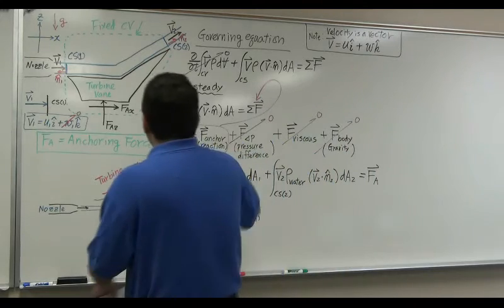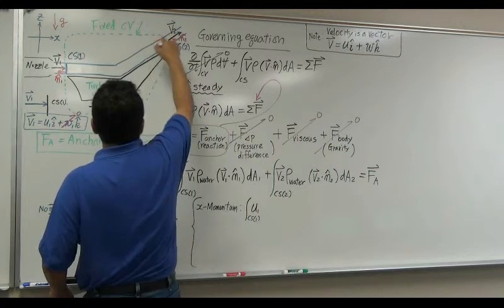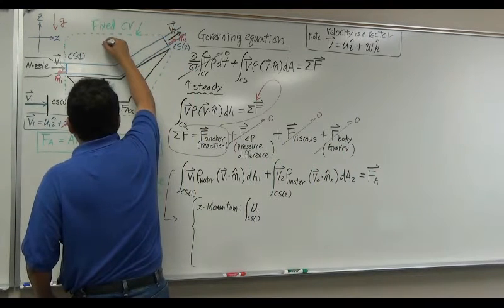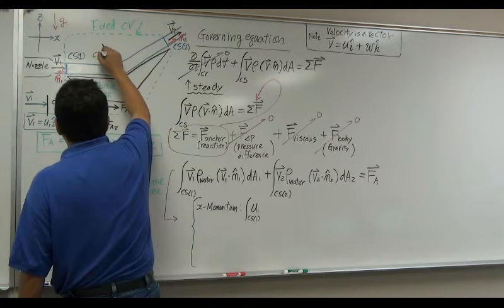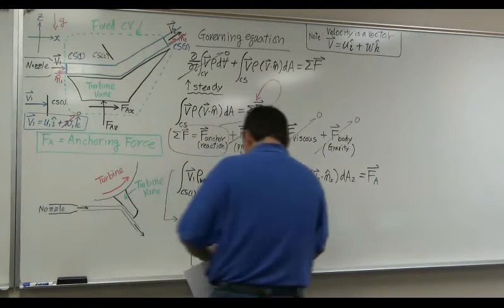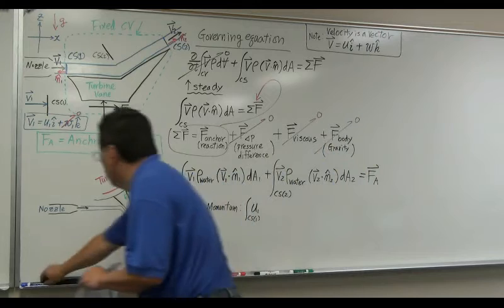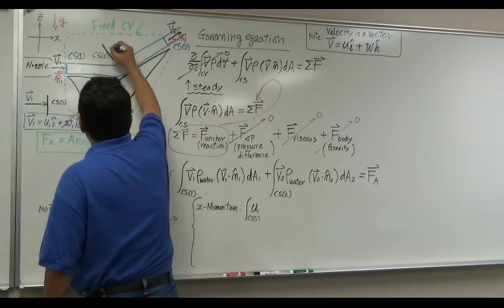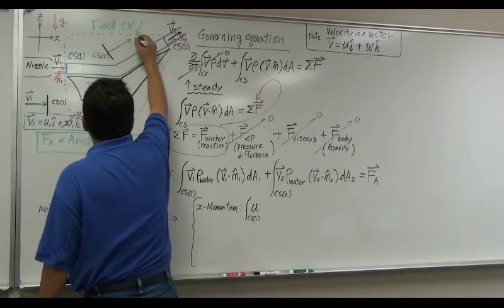Not really so at control surface 2, isn't it? So this is control surface 2. At control surface 2, this is the velocity v2.